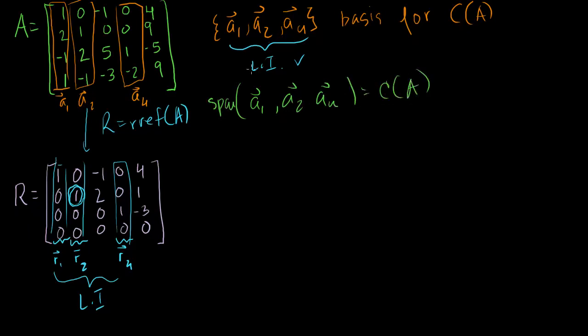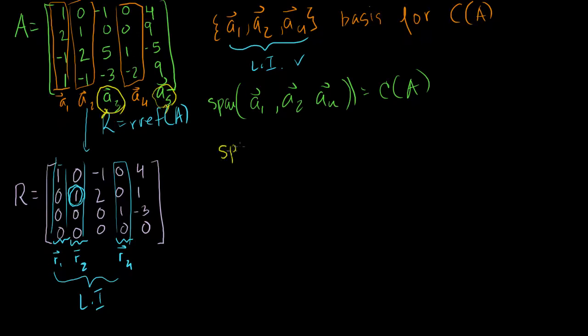Now, the column space of A is the span of all 5 of these vectors. So I have to throw A3 and A5 in there. To show that just these 3 vectors by themselves span our column space, we just have to show that I can represent A3 and A5 as linear combinations of A1, A2, and A4. If I can do that, then these guys are redundant.